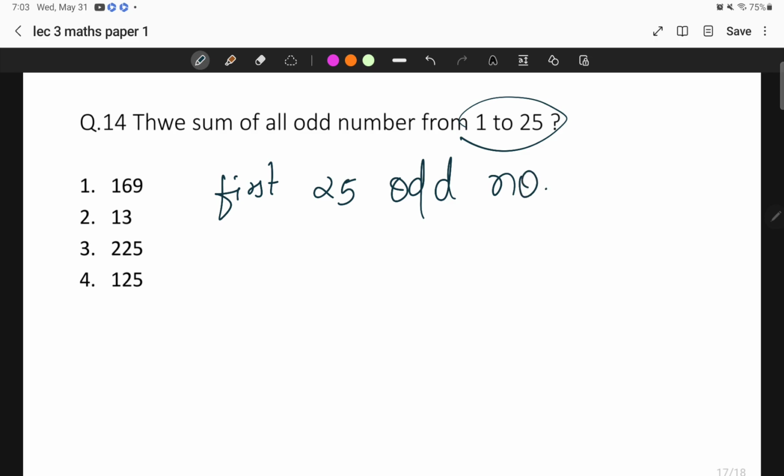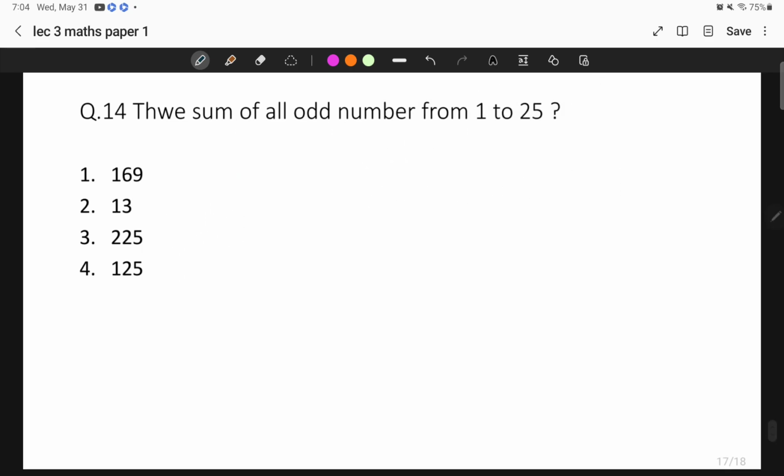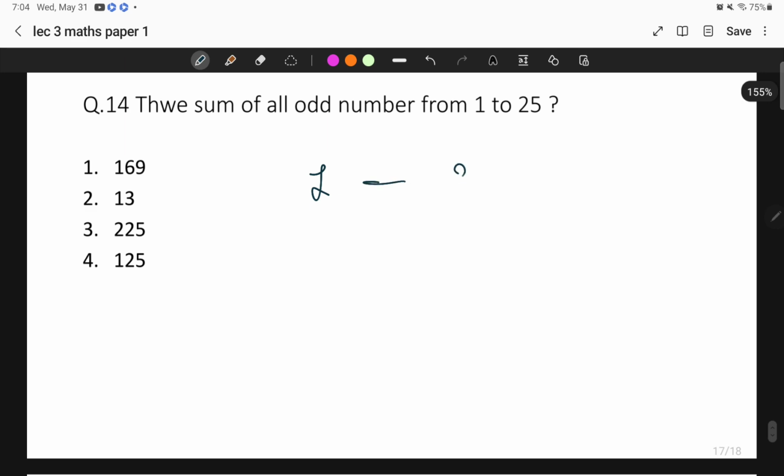What you're going to do is, the sum of all odd numbers from 1 to 25. How many odd numbers are there from 1 to 25?